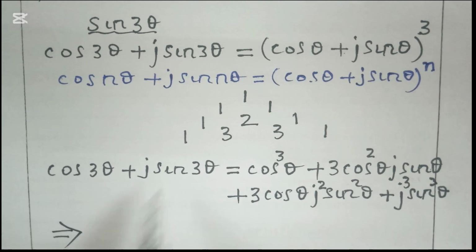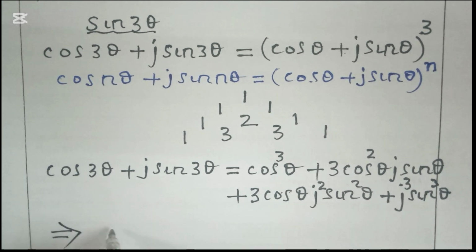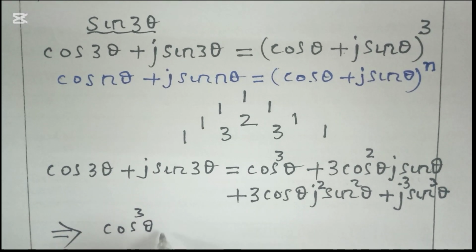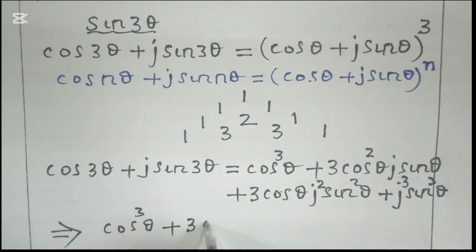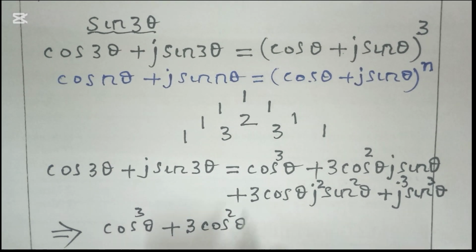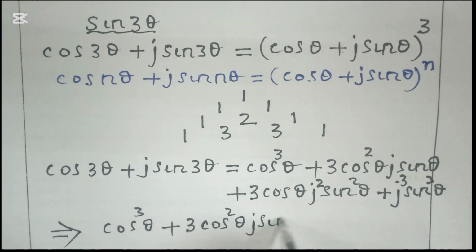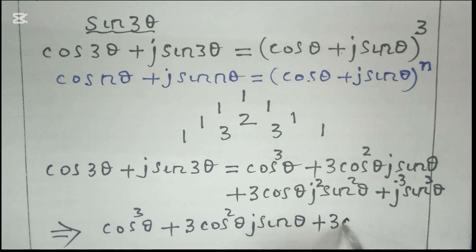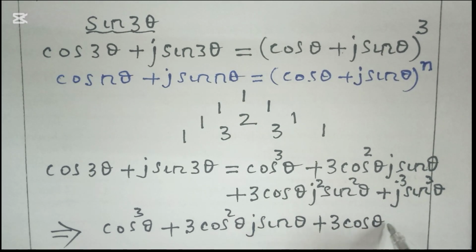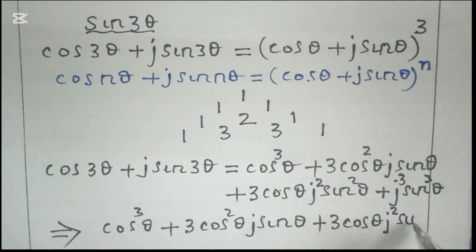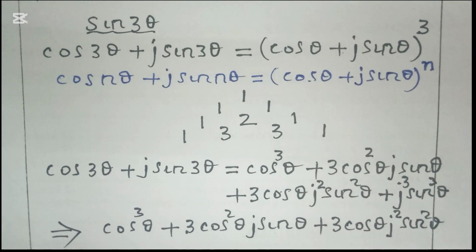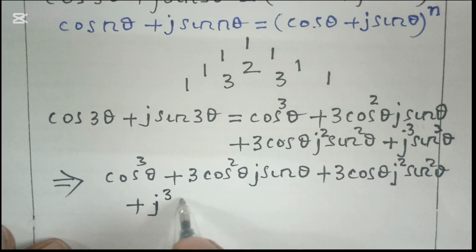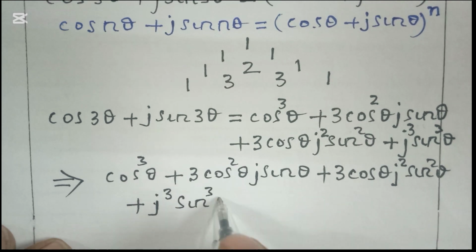Maybe you can leave this one aside a bit and write what we have here. We have cos cubed theta plus 3 cos squared theta j sine theta plus 3 cos theta j squared sine squared theta plus j cubed sine cubed theta.